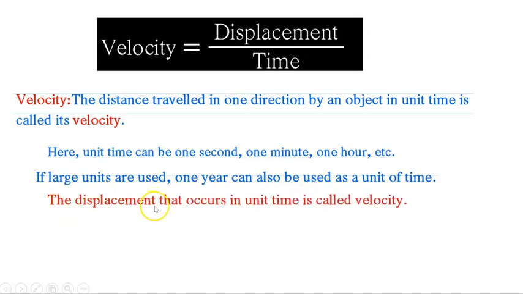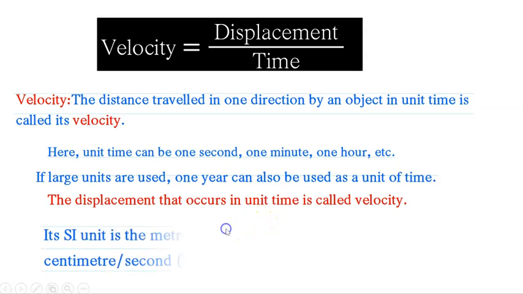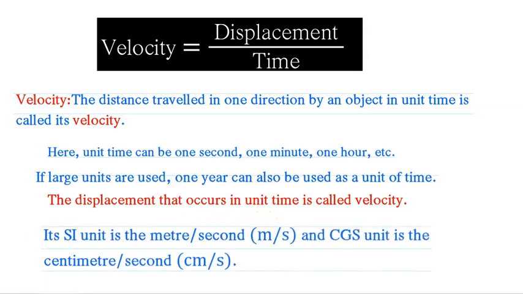The displacement that occurs in unit time is called velocity. In SI units, displacement is measured in meters and time in seconds. Therefore its SI unit is meter per second, written as m per s. And the CGS unit is centimeter per second, or cm per s.